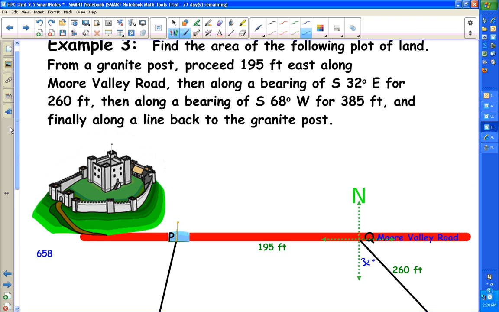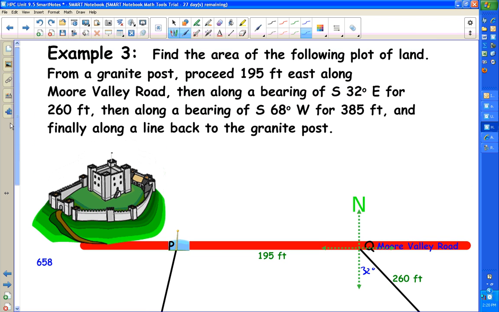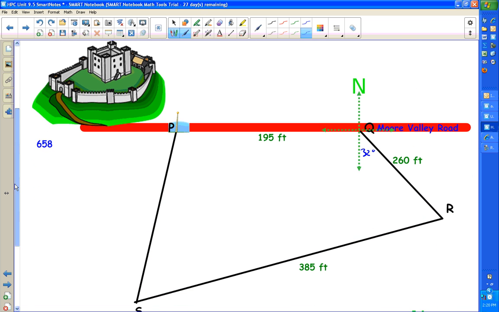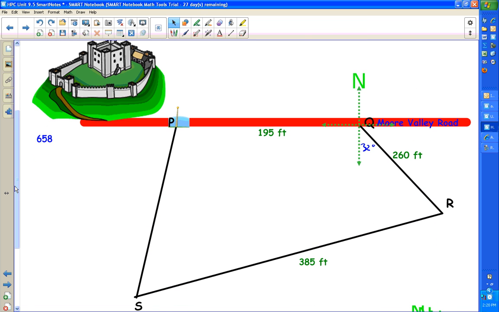When you get down 260 feet, then you're going to go south 68 degrees west. So wherever you decide to stop, south 68 degrees west. That means this angle is the 68 degrees.